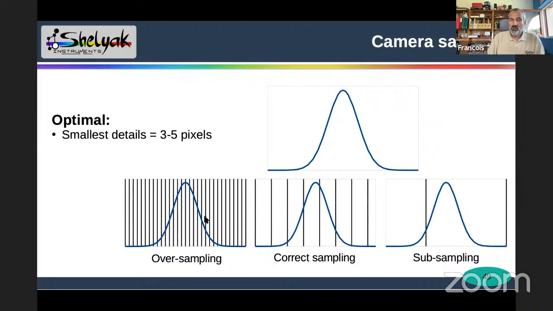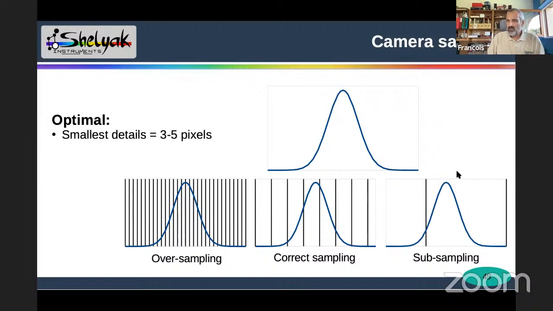And at the end, you will not have any other information than in this case. So it's a pity. The other extreme is the subsampling. If the pixels are too big, then you will lose information. So in this case, you will not be able to tell exactly where is the average, the central position of the line. You will lose this information because of the subsampling.